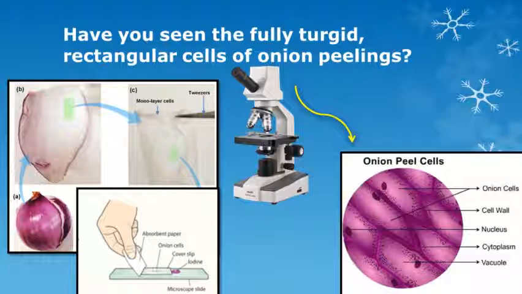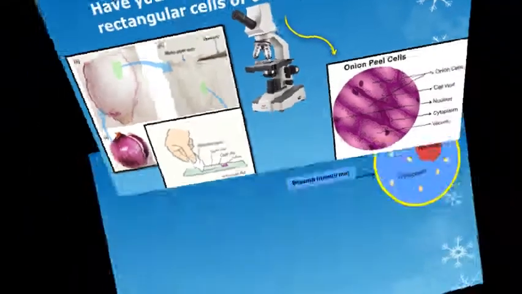A vacuole is an empty space which you can see inside the cell. So this is the structure of an onion peel cell, which is turgid, meaning swollen, and rectangular, brick-like in shape.